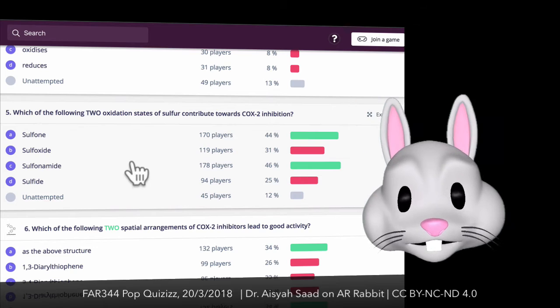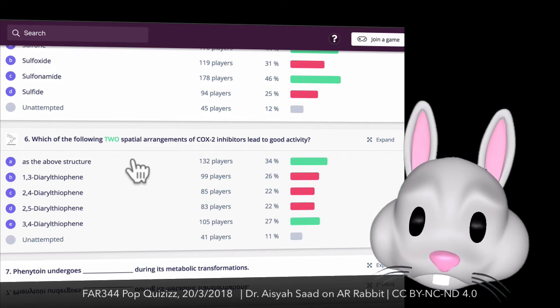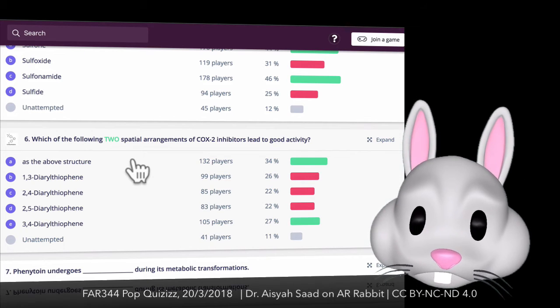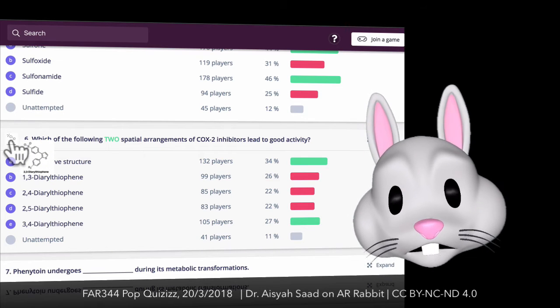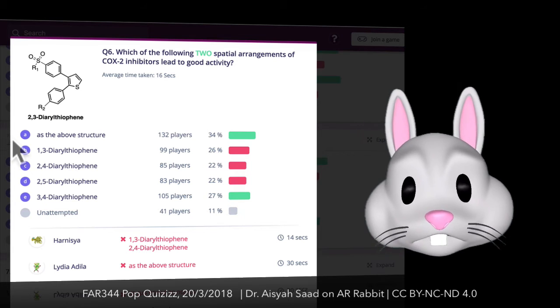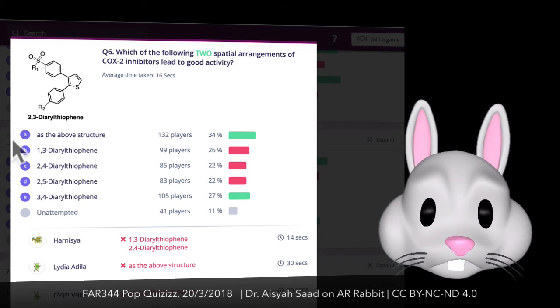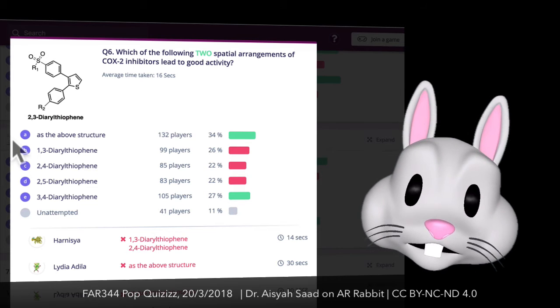Moving on to the last two questions. Which of the following two spatial arrangements of COX-2 inhibitors lead to good activity? For good activity, the first thing you have to know is that the arrangement of all the important functionalities should be in a triangle.